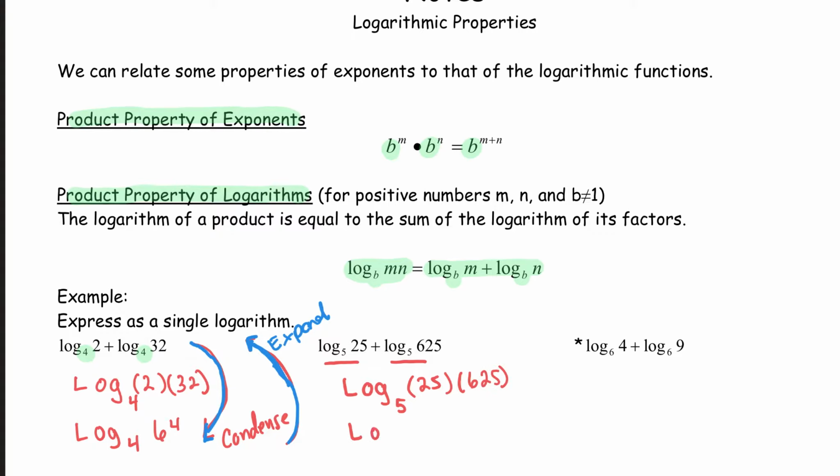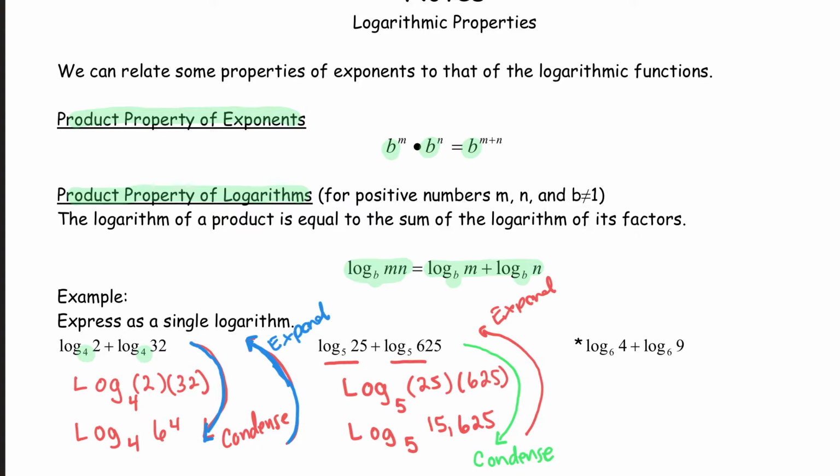So the log base 5 of the product is going to be the product of 25 times 625, which is 15,625. And remember, as I said before, as you go from 2 logarithms to 1 logarithm, you're condensing the logarithm. And if you go in the other direction, that means you're trying to expand and make it more than 1 logarithm.